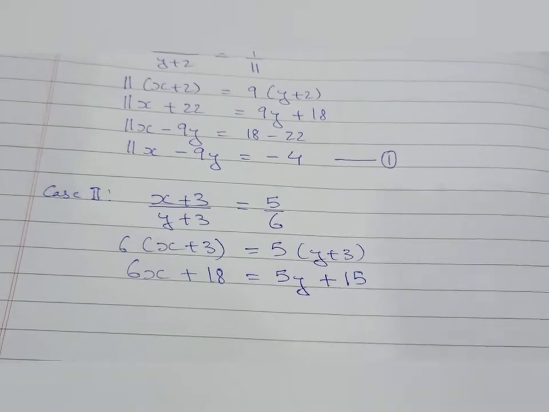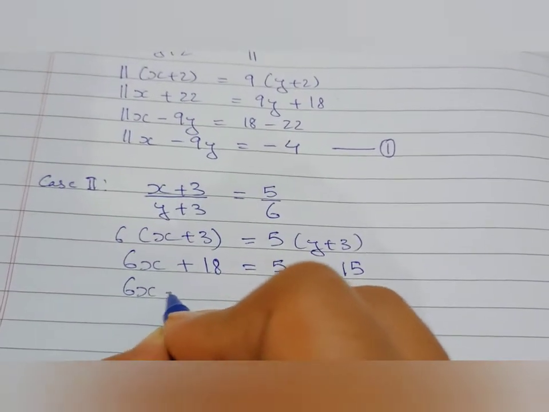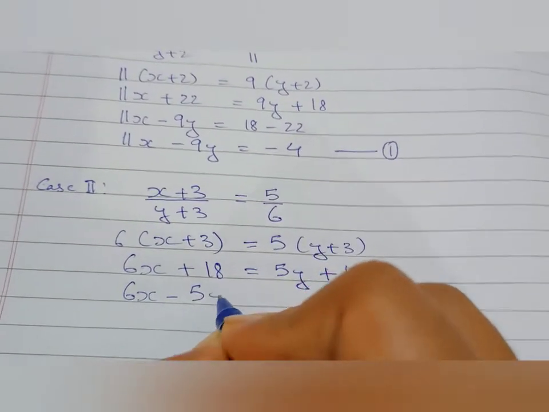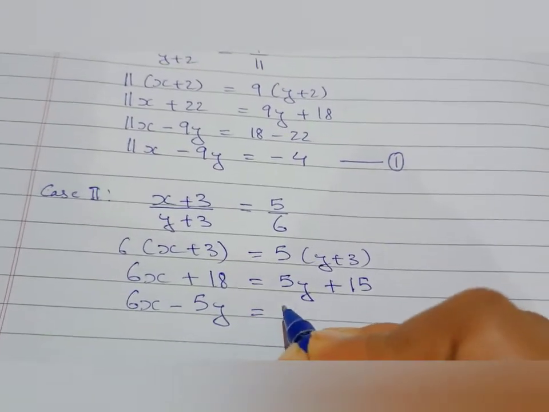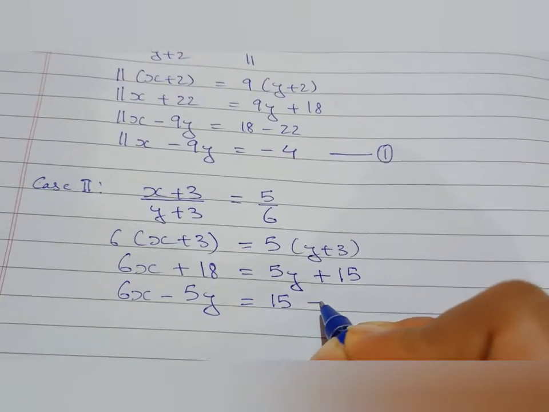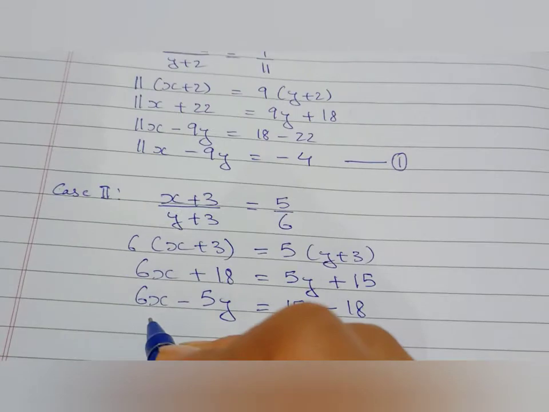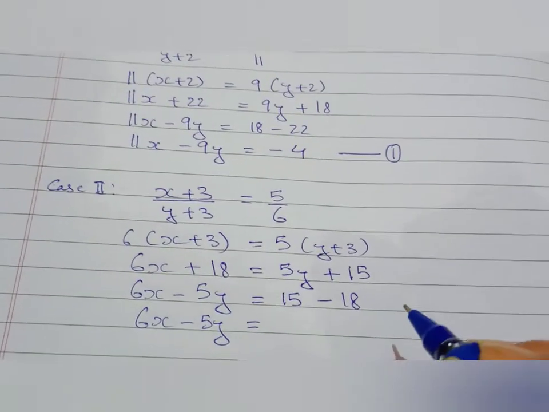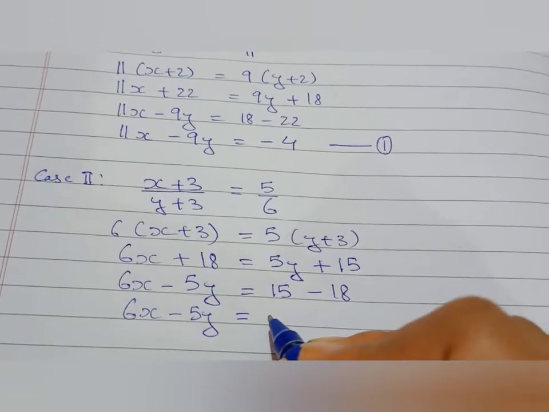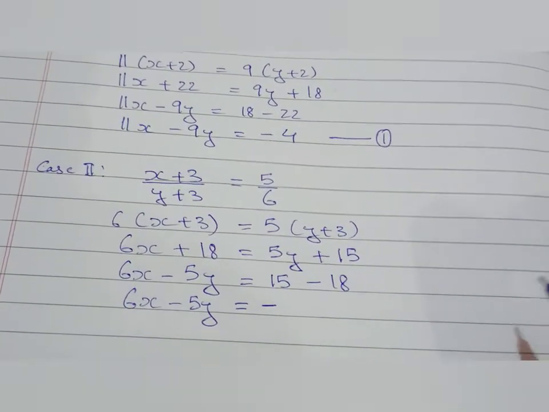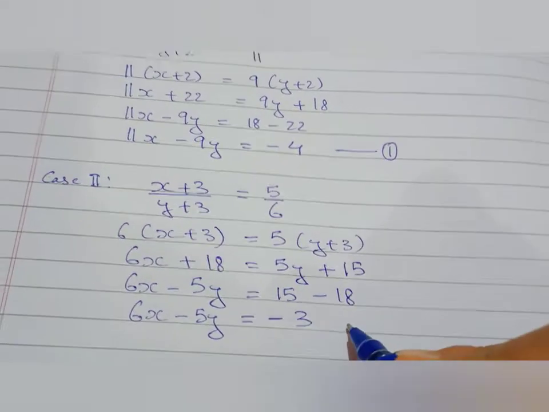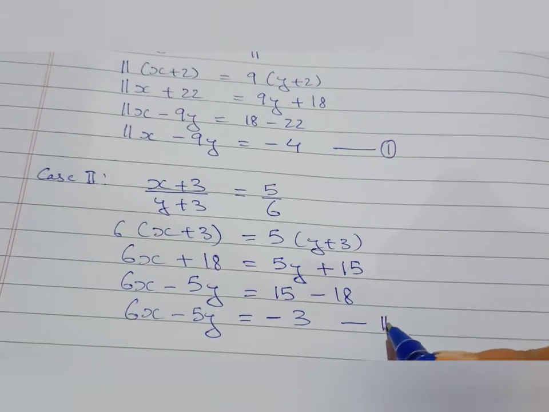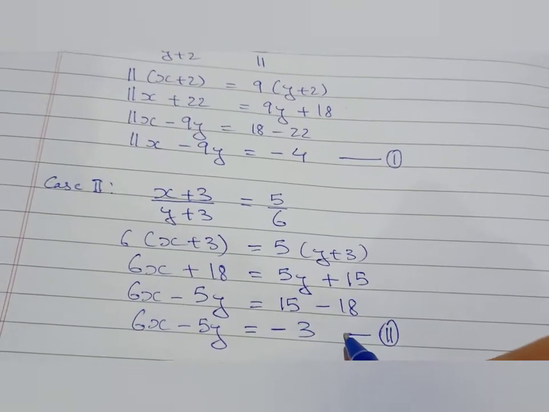Now let's bring variables on one side, 6x minus 5y, and constants to the other, 15 minus 18. 6x minus 5y on the left hand side, 15 minus 18, 18 being the bigger number, minus sign will retain, 18 minus 15 will give us minus 3. So our second equation is 6x minus 5y equals minus 3.